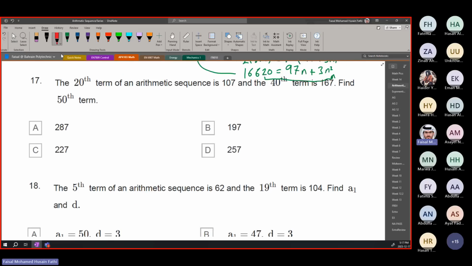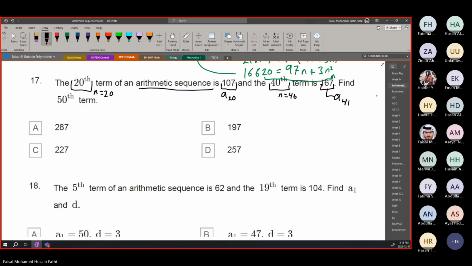Now, the 20th term of an arithmetic sequence, so when n equals 20, is 107. So this is our A20. And the 40th term, when n equals 40, is 167. So this is your A40.